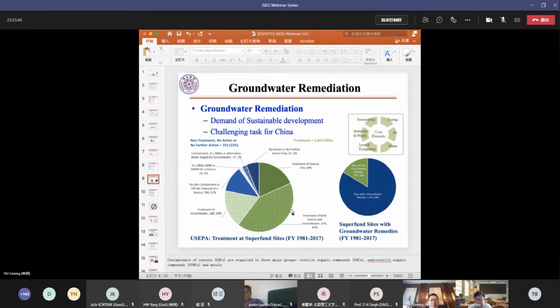We can see from the US EPA report on Superfund sites that about 80% of the Superfund sites need remediation or treatment, and at about 80% of these sites the groundwater is contaminated and needs remedies.